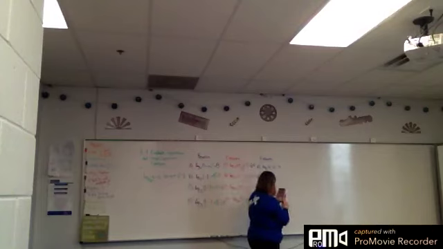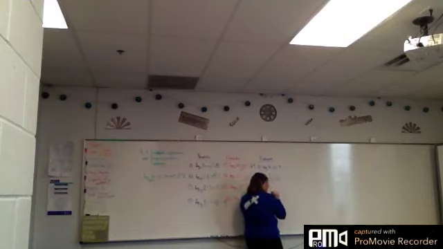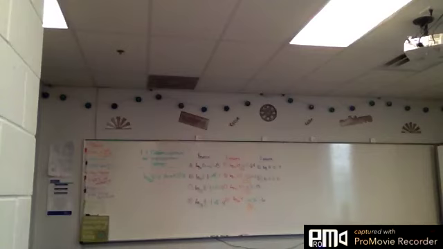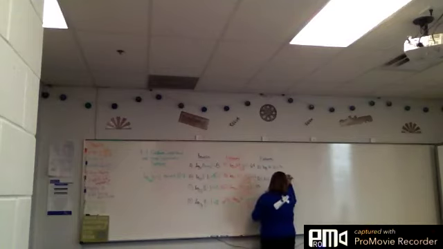What do you get? You should get negative 1.2. Natural log of 0.3, not log, natural log, LN. Okay, so you get that it's approximately negative 1.2.